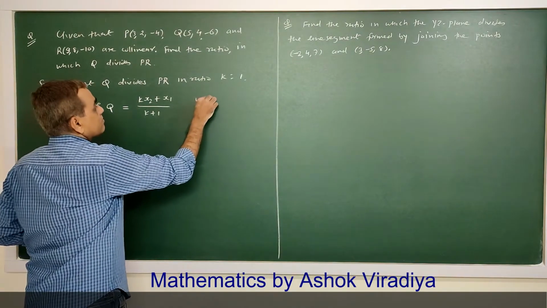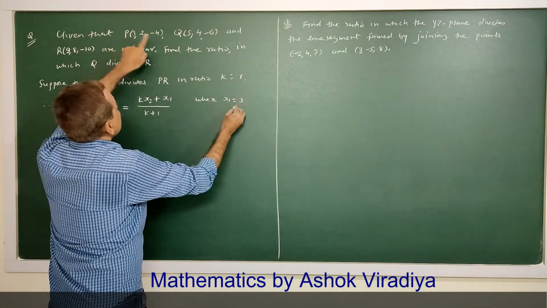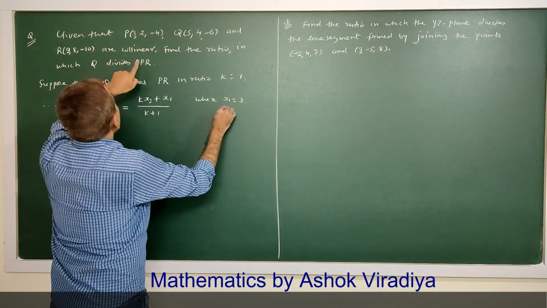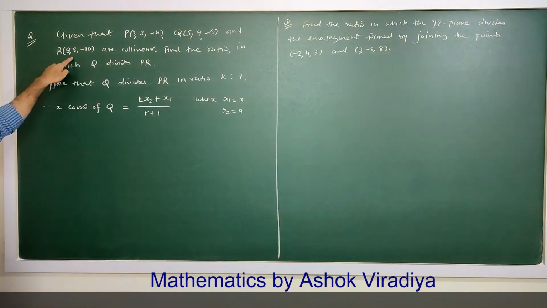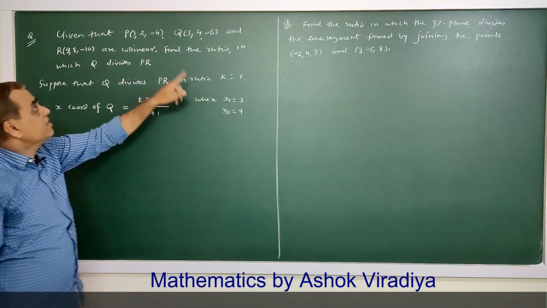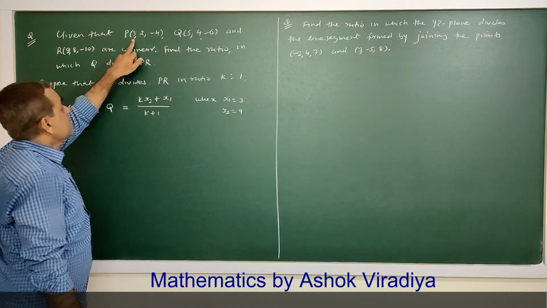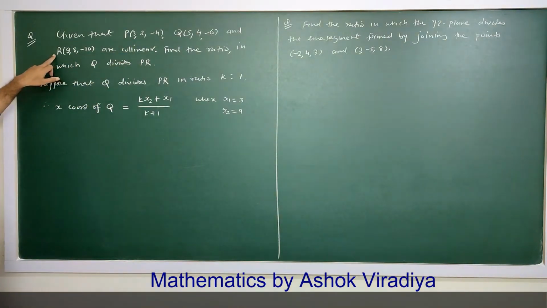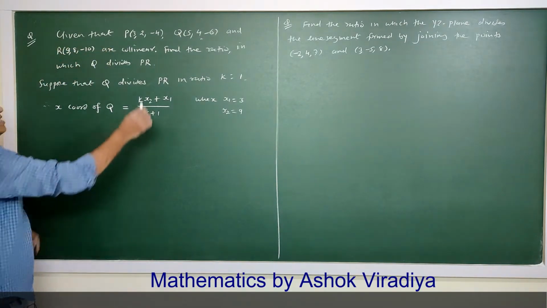where this is x1 and this x2 is 9. x1 is the x coordinate of point P. x2 means the x coordinate of point R. This is x1, this is x2, and this is the dividing point.